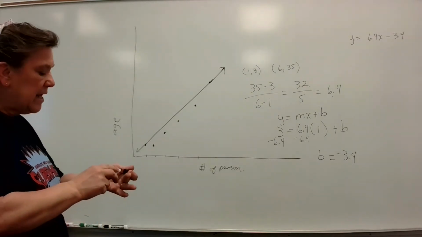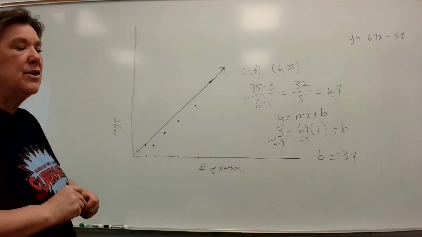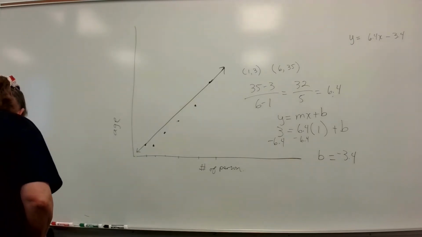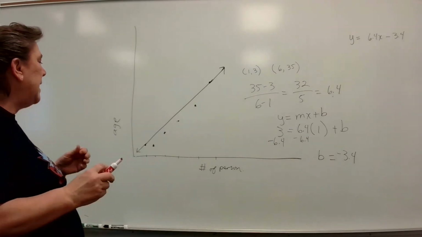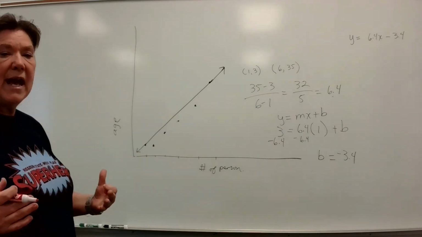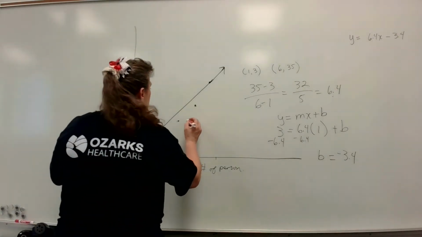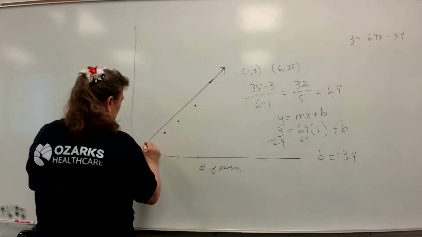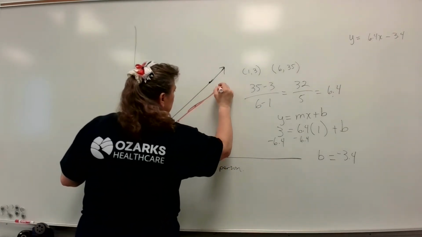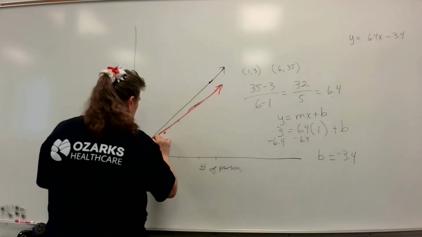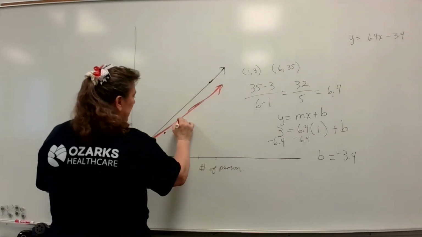The next thing I asked you to do is to actually do a line of best fit. With a line of best fit, we are looking for a line that matches the data better. So I might want to draw my line like this, okay? And as you see, I actually got it through at least one other value here.